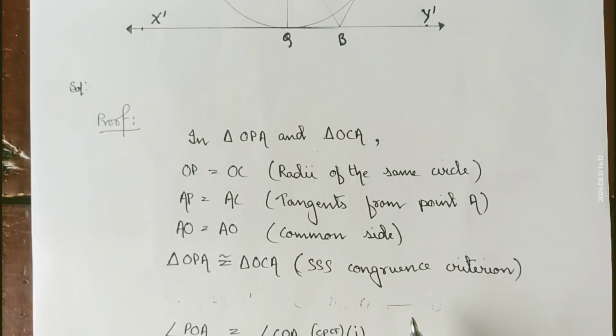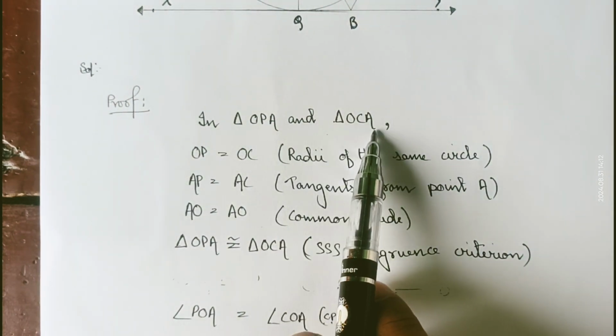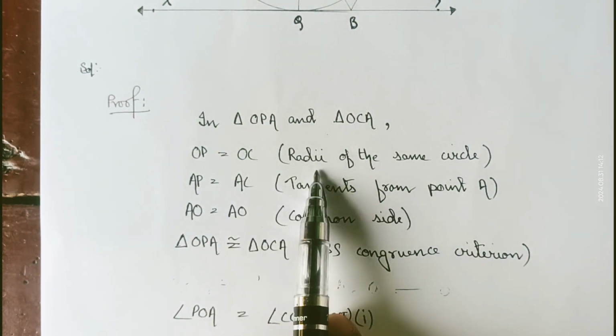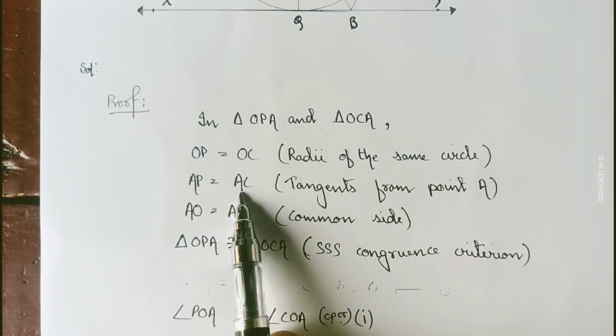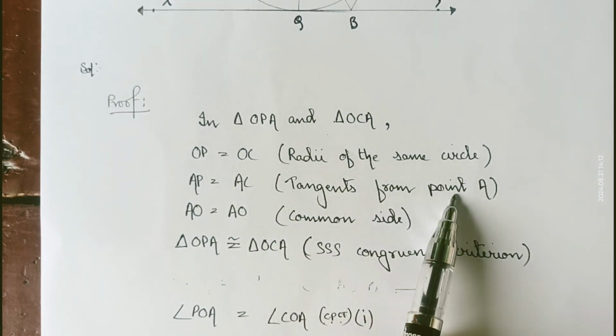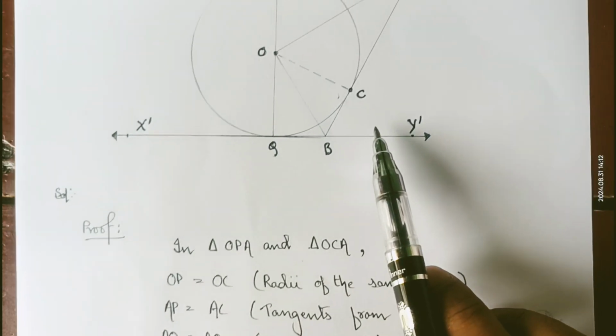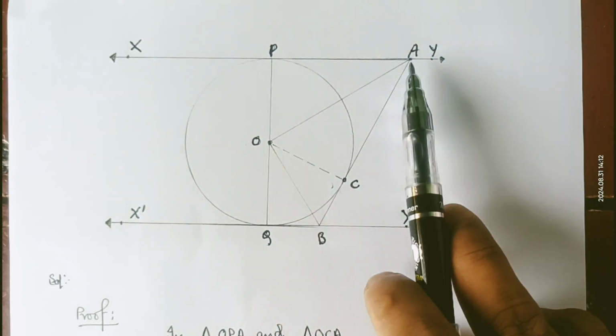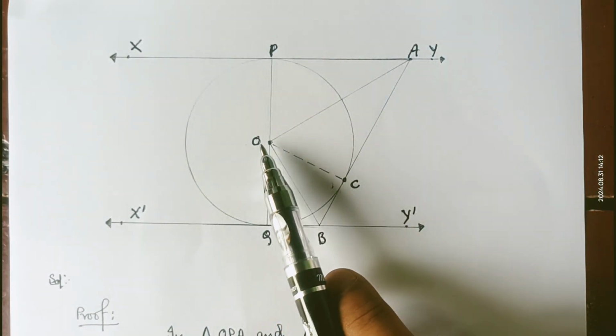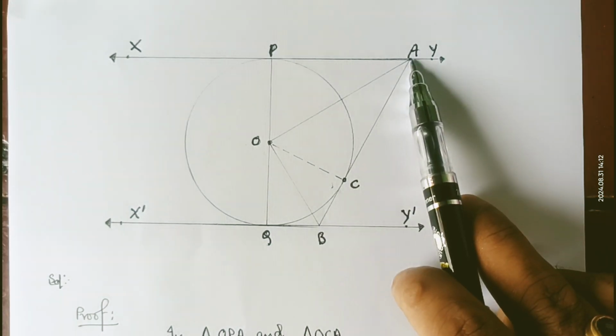So we can write here, in triangles OPA and OCA, OP equals OC, radii of the same circle, AP equals AC, tangents from point A, and AO equals AO, common side. So triangle OPA is congruent to triangle OCA by SSS congruence, that means side side side.